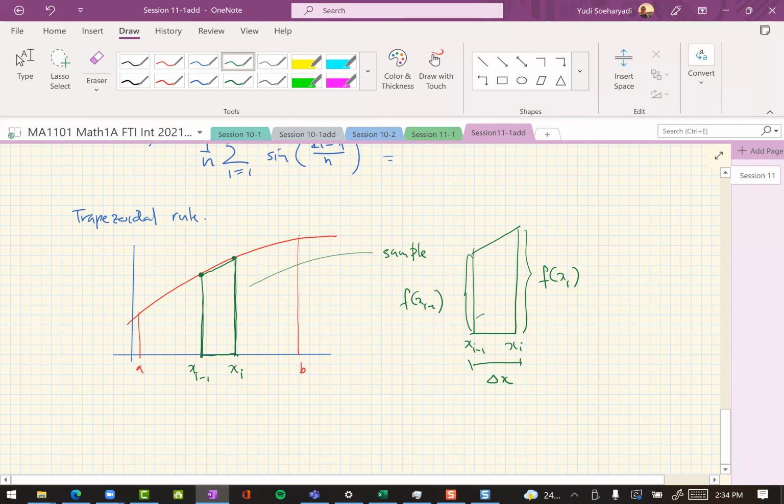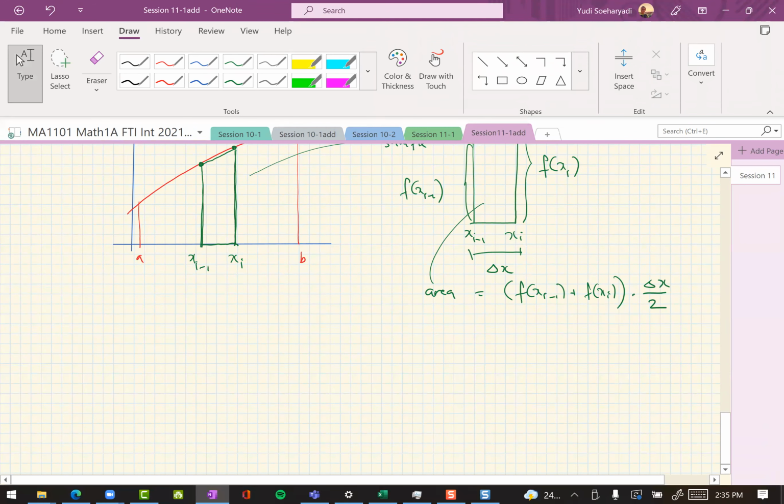Okay, so the area for this is, remember, the sum of the parallel sides times 1/2 of the base length, delta x over 2. So this is what we use for the area.